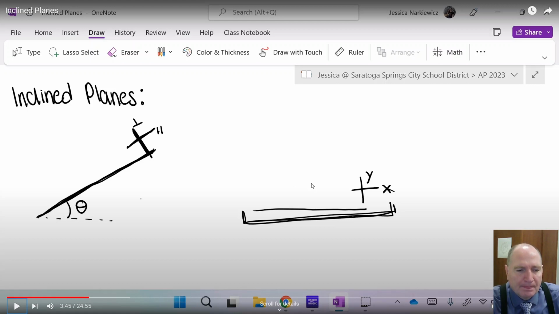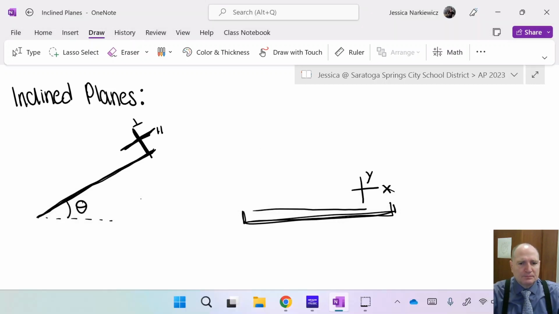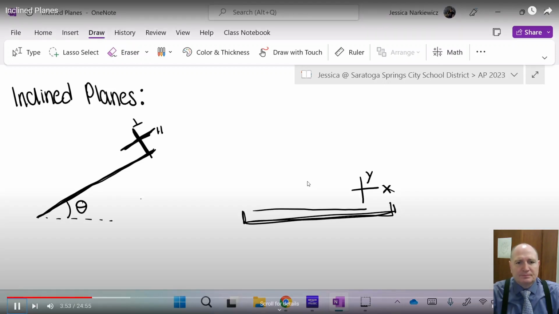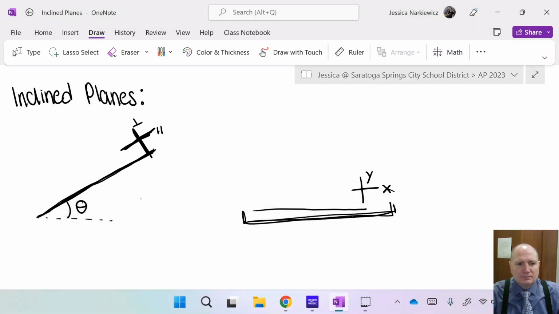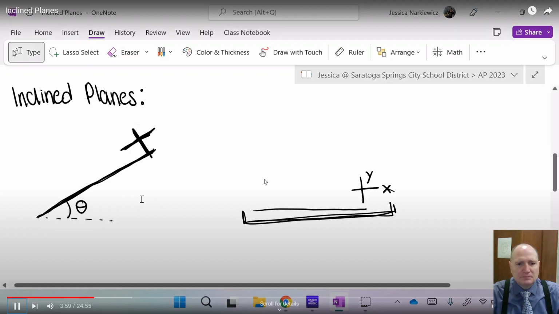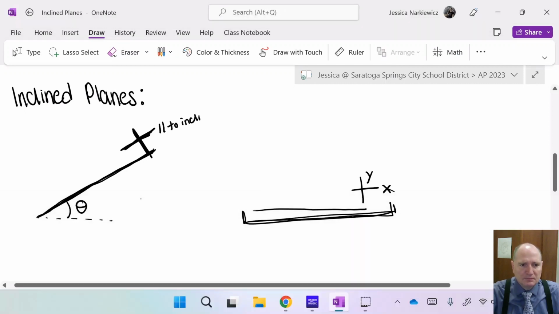And this side to side, kind of at a diagonal. Now, we don't really want to call those directions x and y because x is synonymous with horizontal, y is synonymous with vertical. So when we're on an inclined plane, the directions that we deal with are parallel, meaning parallel to the incline, right?